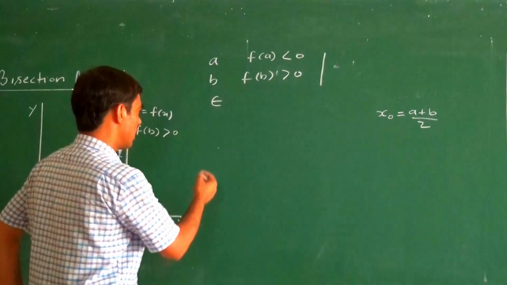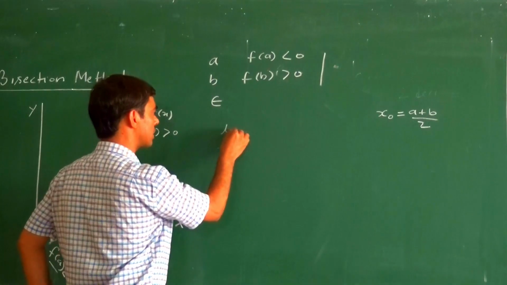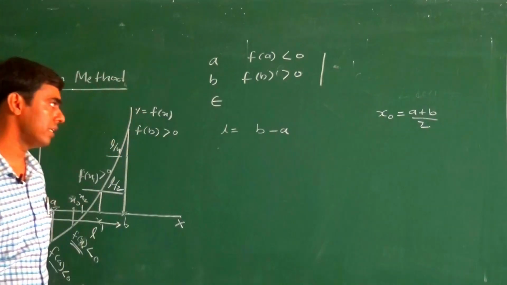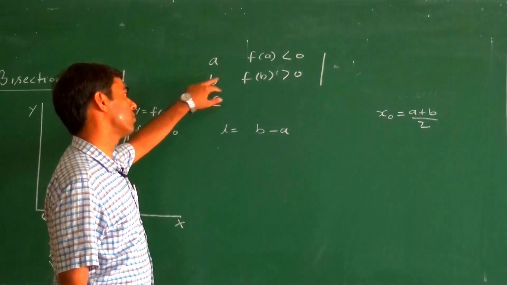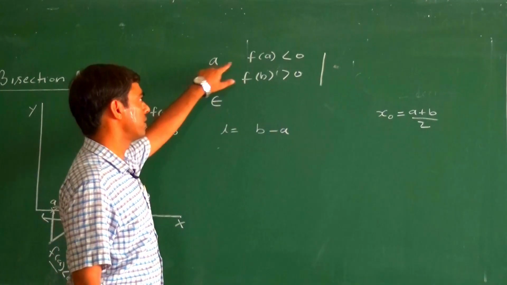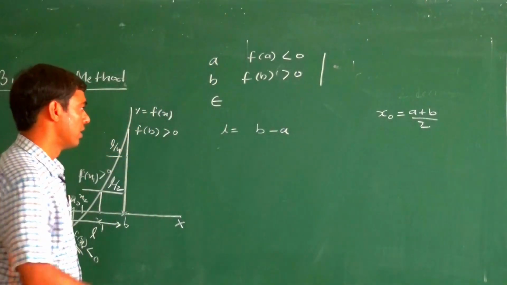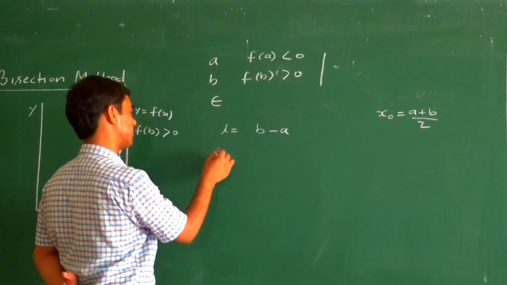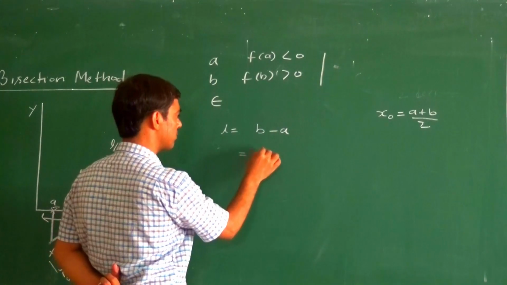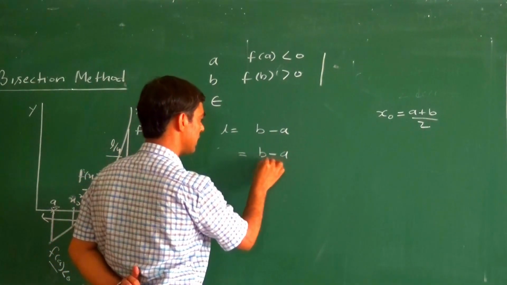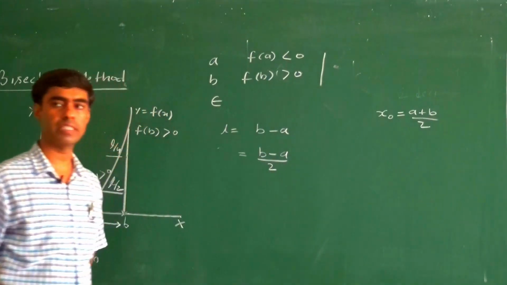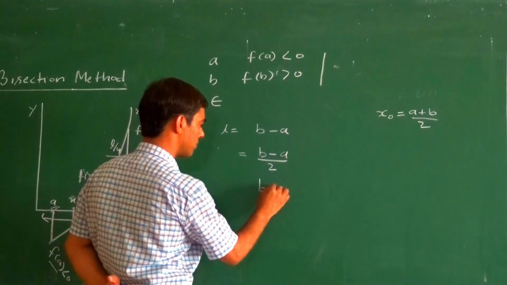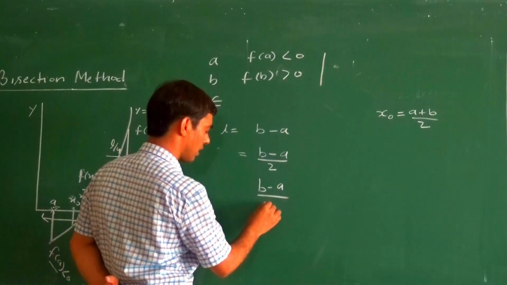Now, if we denote L equal to b minus a, where b is the value where the function is positive and a is where the value of the function is negative, then in the first iteration the length becomes (b minus a) upon 2. In the second iteration, the length becomes (b minus a) upon 4.